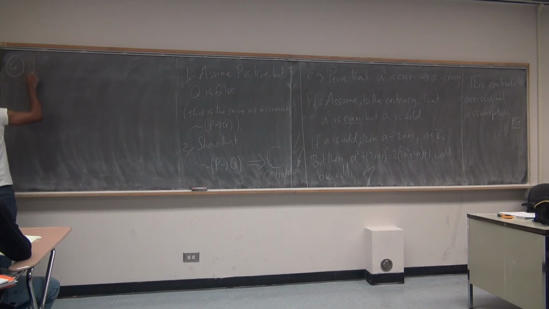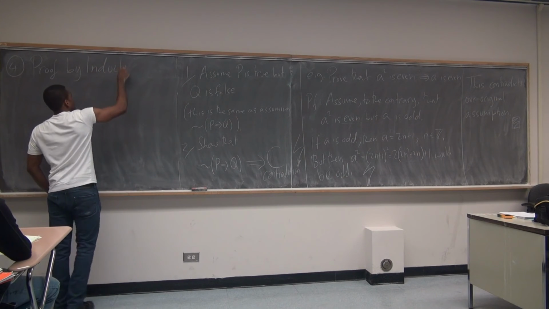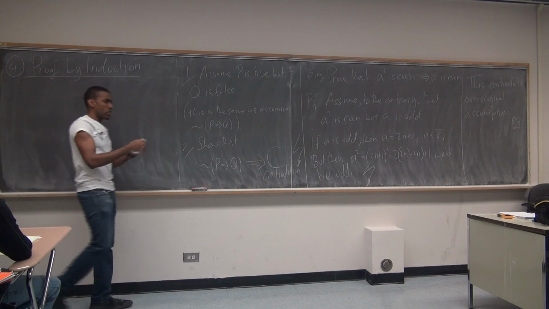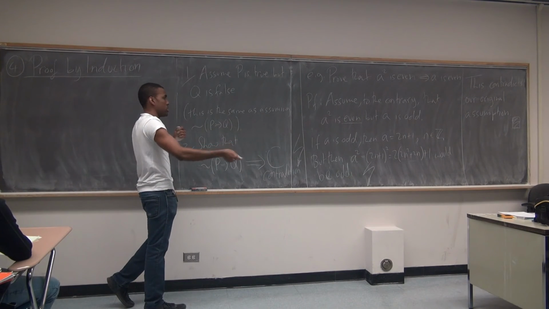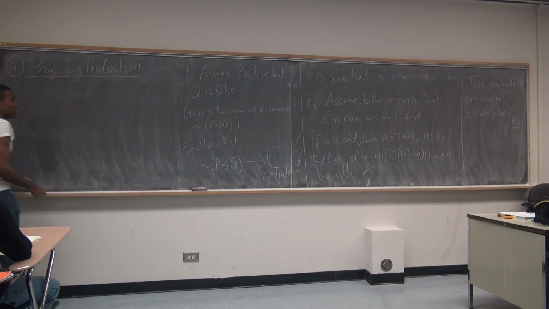Or proof by induction. And we've actually done an example of this in class, I think, where we're proving something about the inverse of a list of products of matrices is the product of the inverses of the matrices in reverse order. I think we did that with a proof by induction.